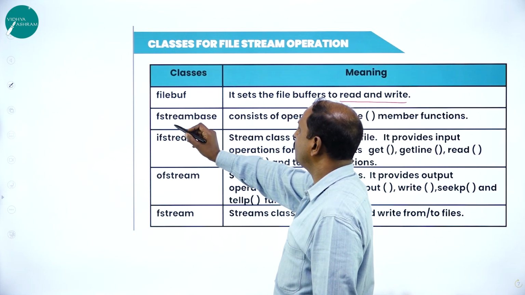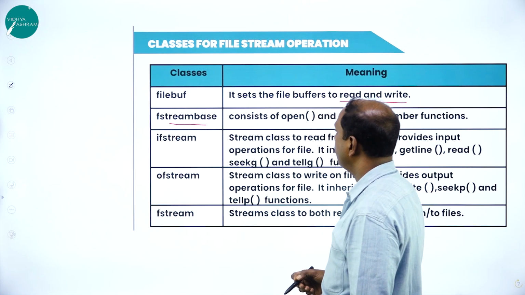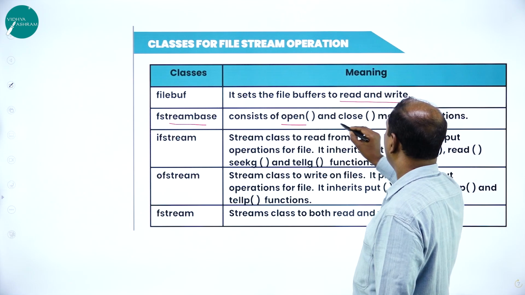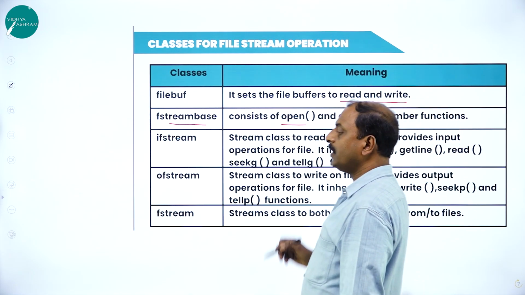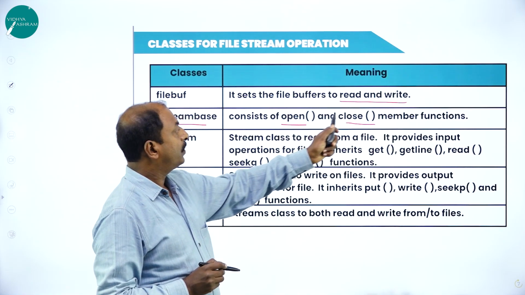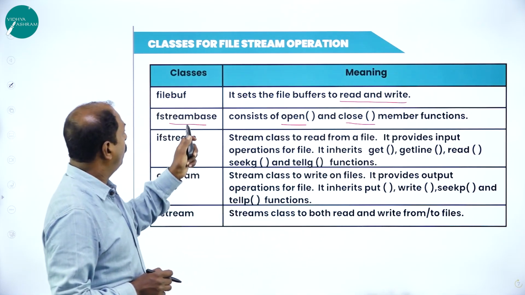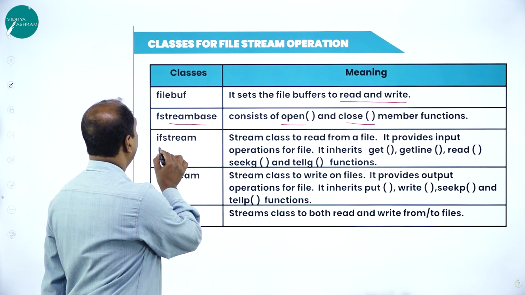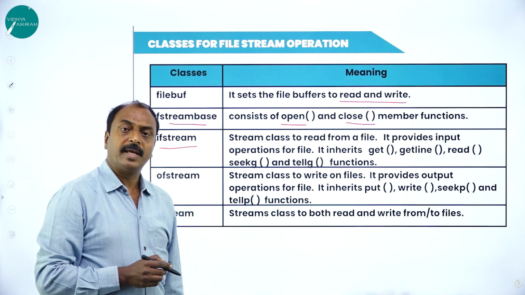The next one is fstreambase. This is one of the classes, and it consists of the open and close functions. These are functions to work with files. Open and close are inside the fstreambase class. Next, the ifstream class.